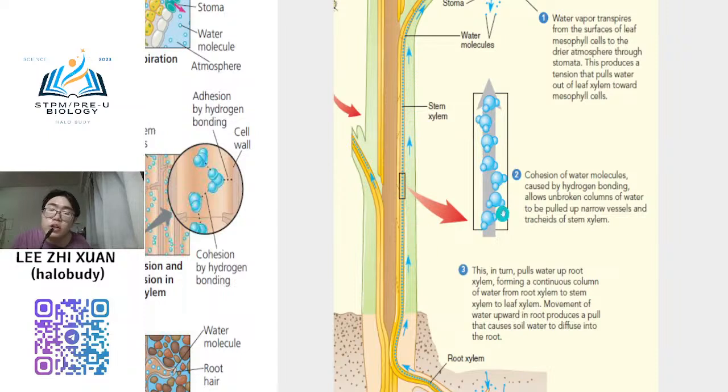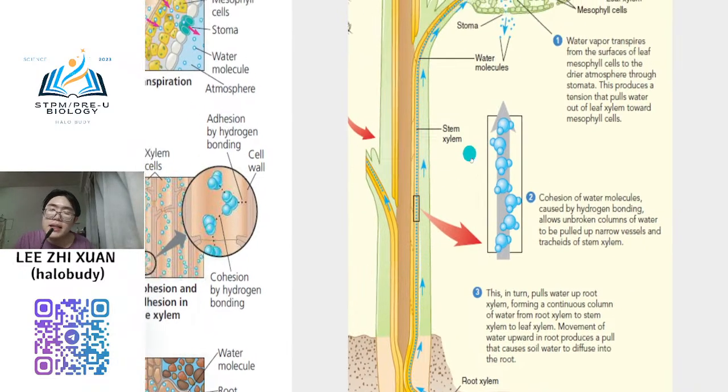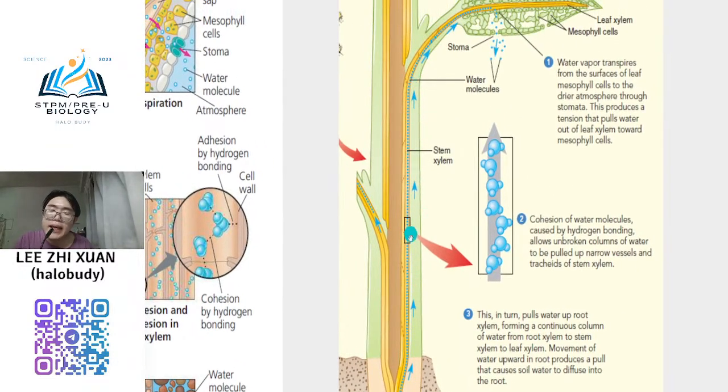So that the water molecules can be lined up together. Cohesion force is that the hydrogen bond can be formed between the water molecules, right? And then adhesion force is that the hydrogen bond can be formed from water molecules to the wall of the stem cell, right? So meaning that the water molecules are lined up together. There will be no breakdown.